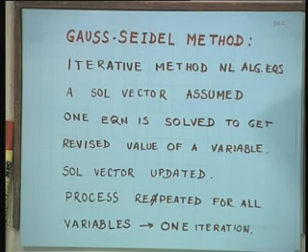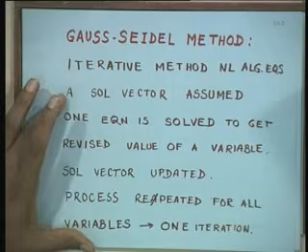A solution vector is assumed. In any numerical analysis, there are 3 fundamental factors. You may be doing project work after some time, and then you may have to use certain numerical techniques for solving your problem. So, while selecting a numerical technique, you have to see so many things, the type of problem, the type of accuracy you need.